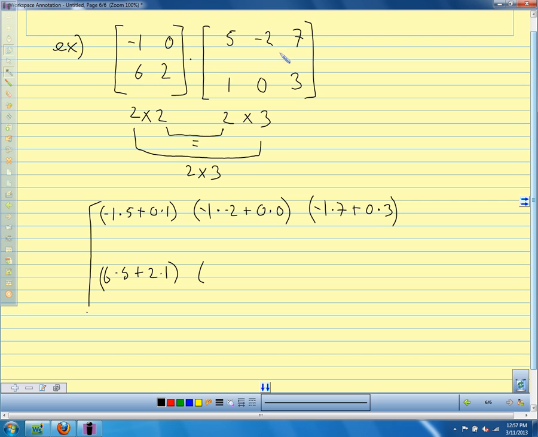Second row, second column, 6 times negative 2 plus 2 times 0. Second row, third column, 6 times 7 plus 2 times 3.